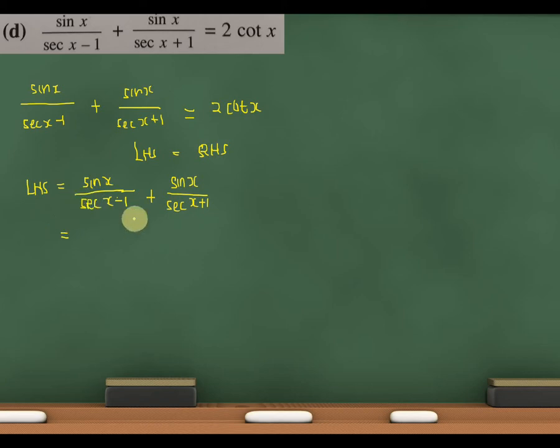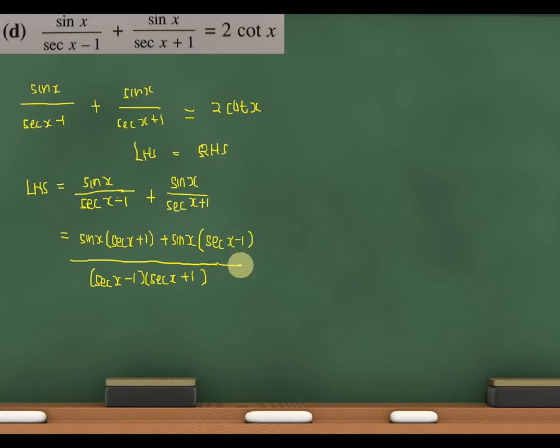Okay, so here we can combine. x minus 1. So sine x, we multiply by this. Okay.